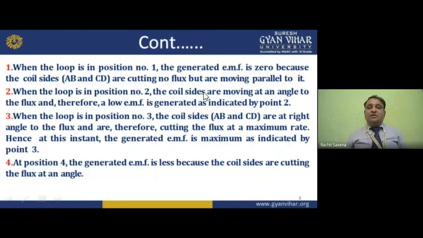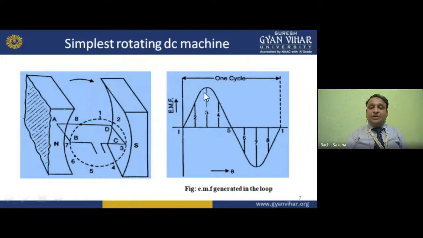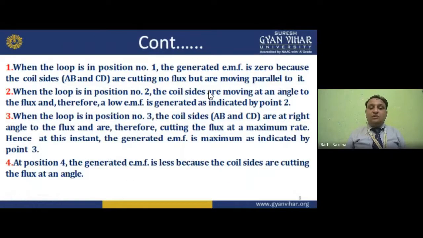When the loop is in position number 3, the coil sides AB and CD are at right angle to the flux, and are therefore cutting the flux at a maximum rate because it is perpendicular. Hence at this instant the generated EMF is maximum, as indicated by point number 3. I hope you understand now.